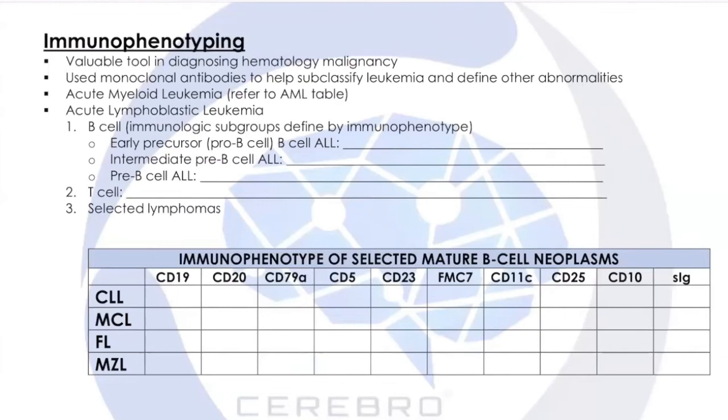So we have here the B cell ALLs, the T cell ALLs, and I have selected specific lymphomas here. For the B cell ALLs, if it is an early precursor B cell ALL, what are the CD markers that we are going to expect? Okay, so we have CD34. Okay, we have CD19.